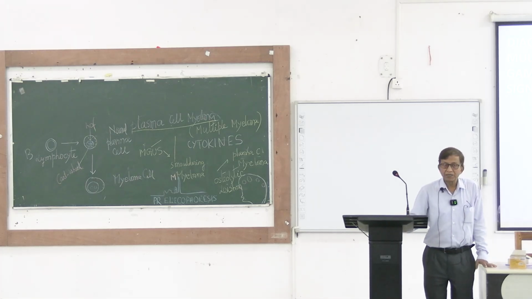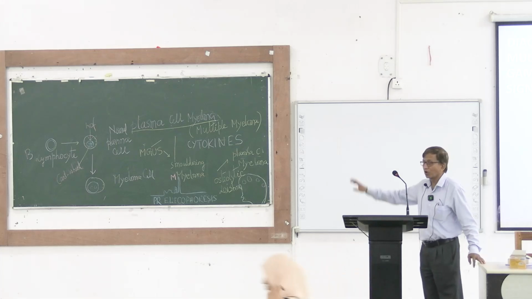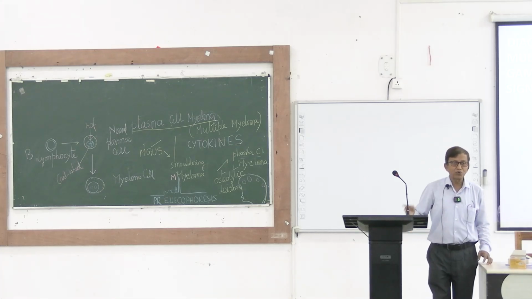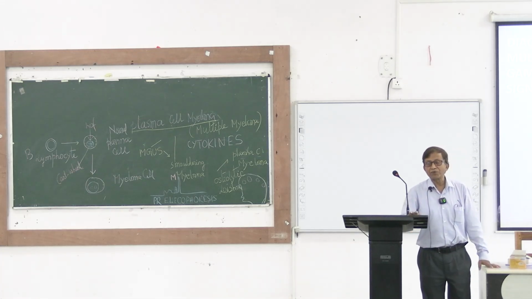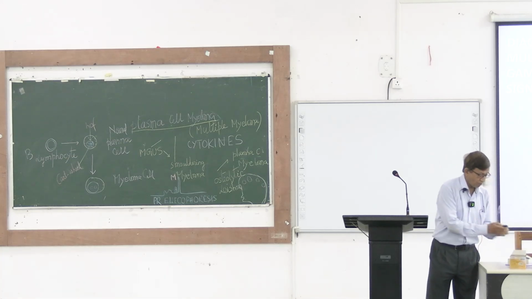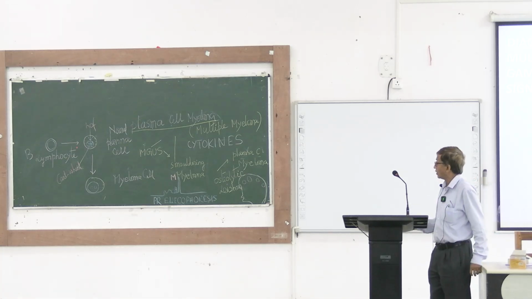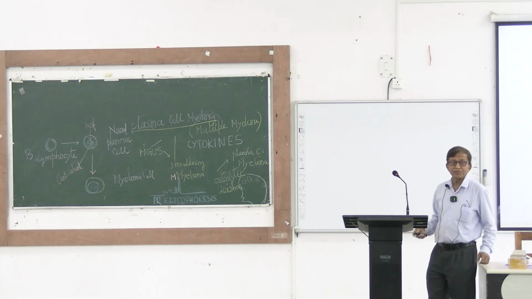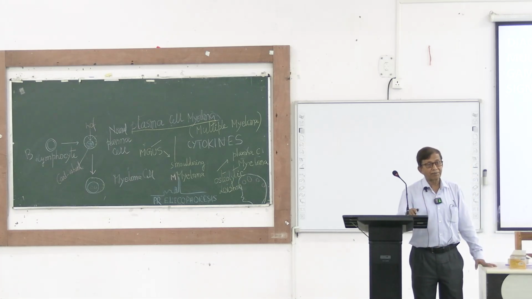Plasma cell. I have drawn one normal plasma cell. You know the basic morphology of a normal plasma cell. It's a cell with an eccentric nucleus, cartwheel appearance of the nucleus, and a halo. The halo is nothing but a clear space around the nucleus.